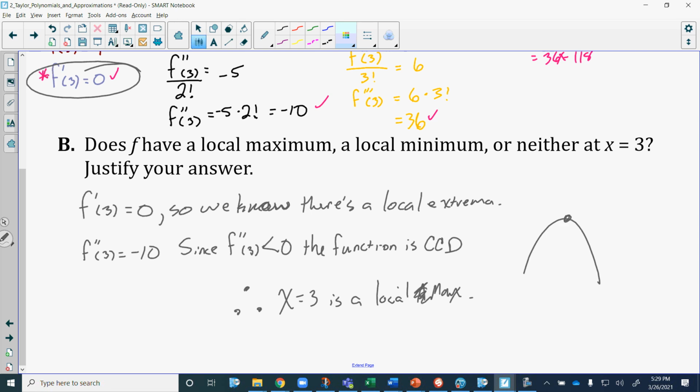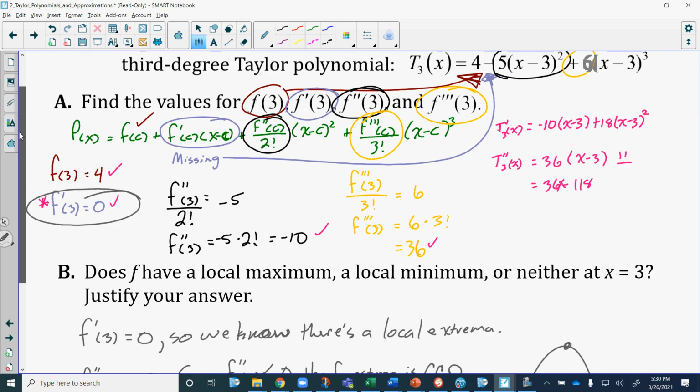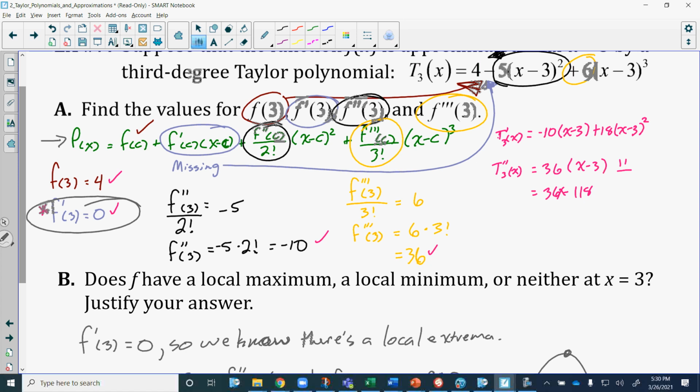Okay. So just to recap, Taylor polynomials, make sure that you understand that it's, 1, an approximation to a function. 2, how you identify the center of the Taylor polynomial. If the center is 0, we could refer to that as a Maclaurin polynomial. And we need to know the general form of a Taylor polynomial.